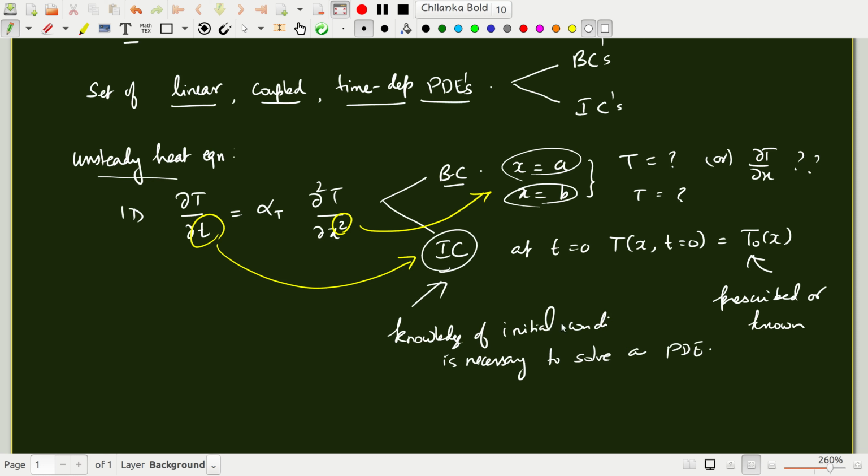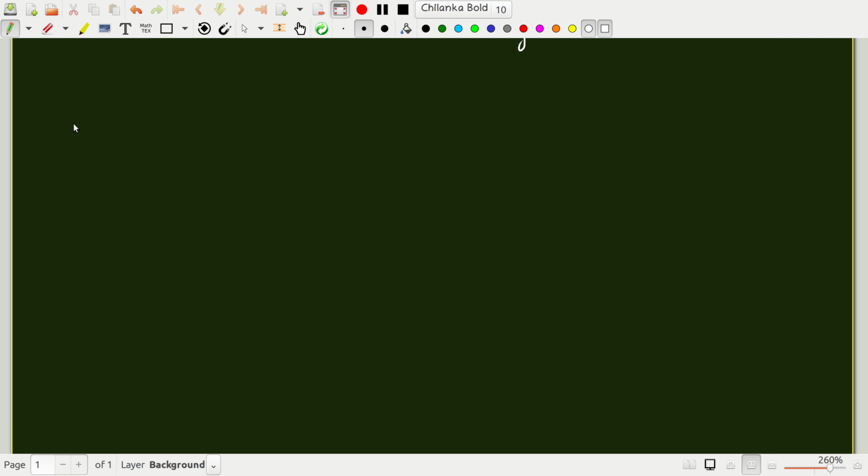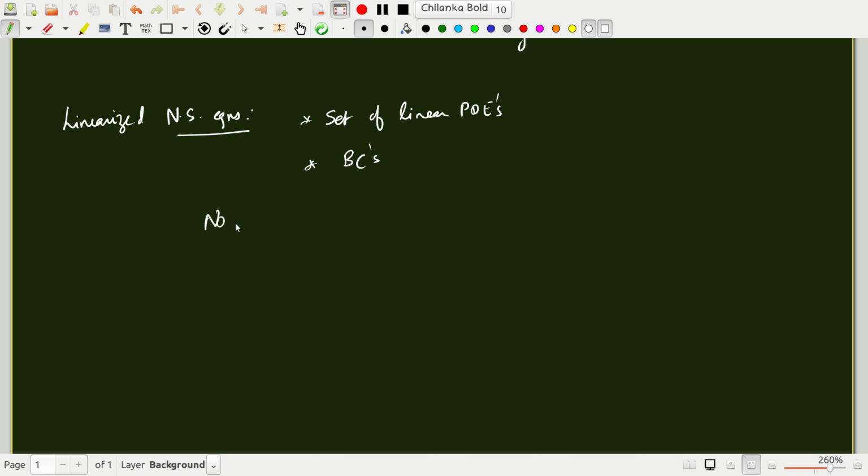Now, let's go back to hydrodynamic stability. If you look at the linearized Navier-Stokes equations, what you will find is that you have a set of linear PDEs, and you will definitely have boundary conditions. Typically you have no slip conditions or any appropriate conditions for the domain, but we have no idea about the initial condition.